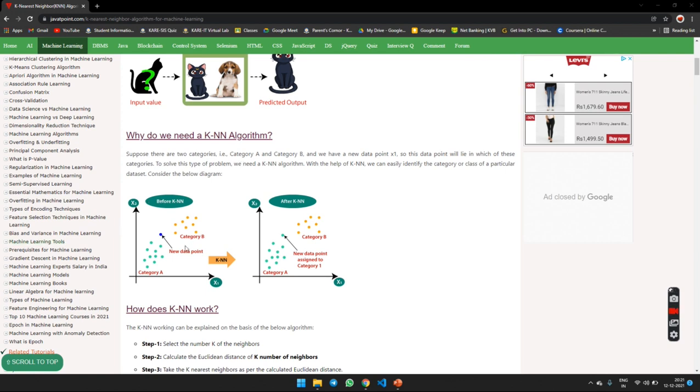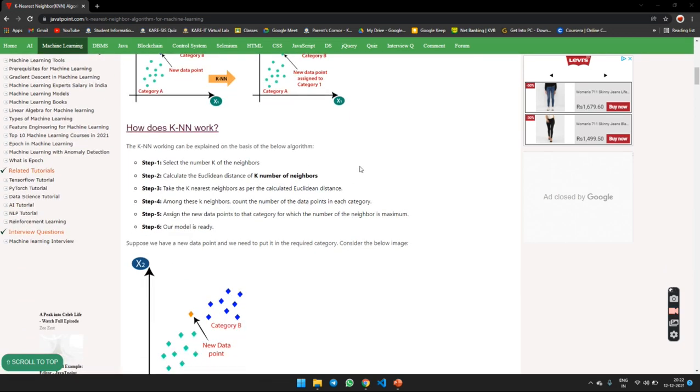Please see this image. This is category A, this is category B. Assume this is the new data point. The new data point is assigned to category 1. This is x1, this is x2. This is before classifying with KNN, and this is after classification. See the difference between the new point and the point assigned to category 1.